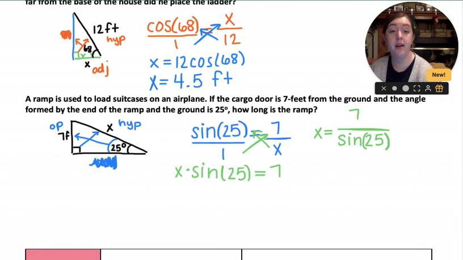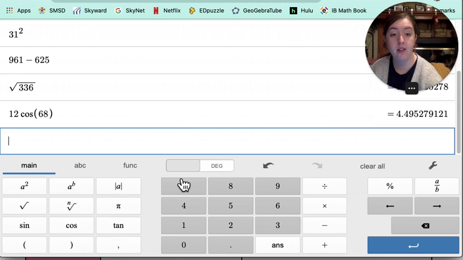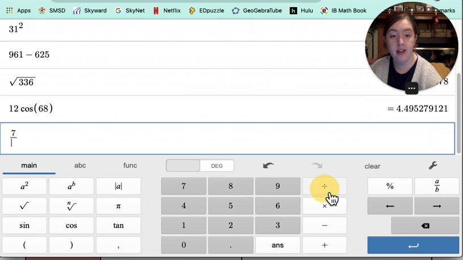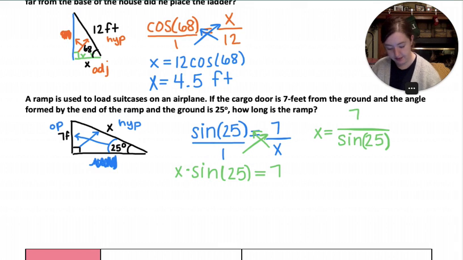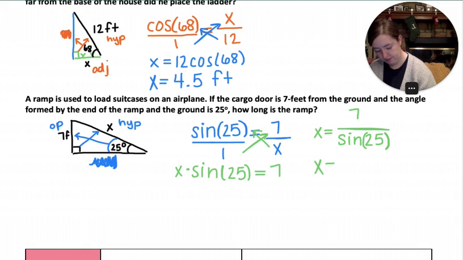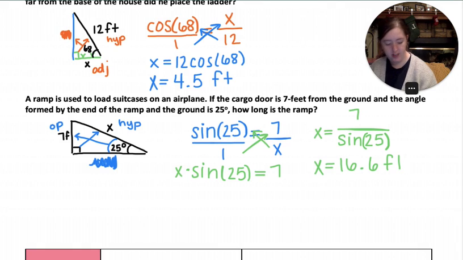So then we'll just go ahead and pop that into our calculator. 7 divided by the sine of 25. We get 16.56, so that means this needs to round up to a 6. So 16.6. And we're in feet still.